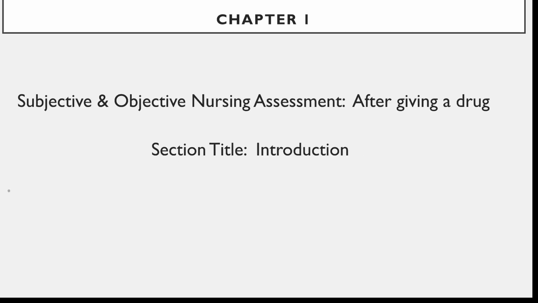You probably learned in NURS 305, the fundamentals class, that subjective and objective nursing assessments are needed. And if we talk about the assessment done after a drug is given, we can discuss that after a medication is administered, the nurse assesses the client for drug effects such as therapeutic and adverse.